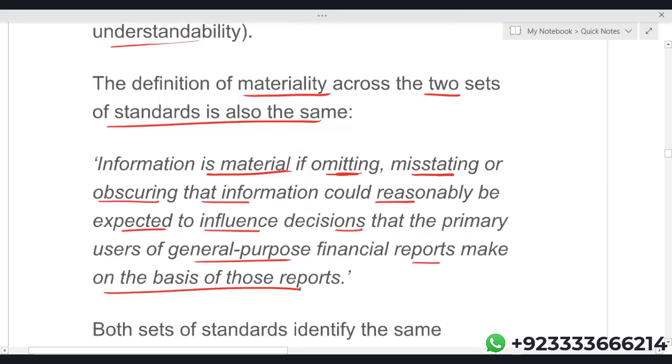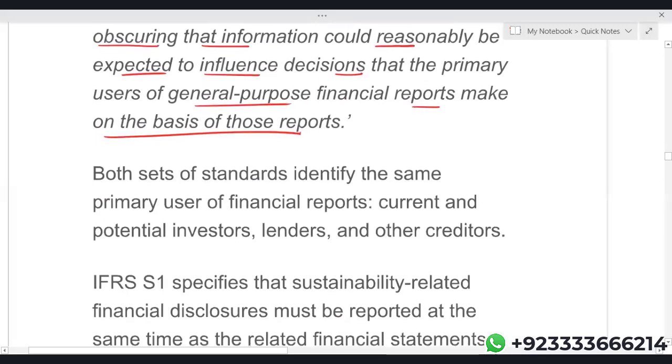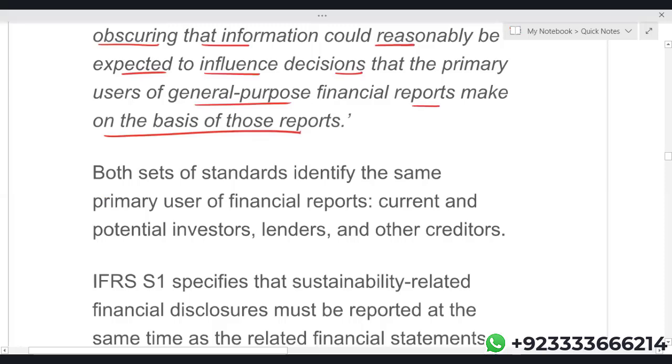I think it's the same definition of materiality everywhere. So as far as the concept of materiality is concerned, as far as the concept of relevant information is concerned, it is the same in sustainability standards and other standards.